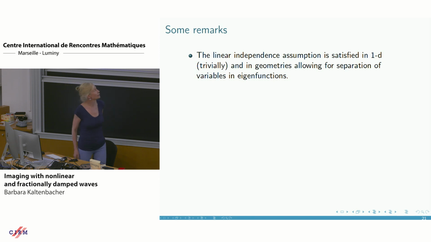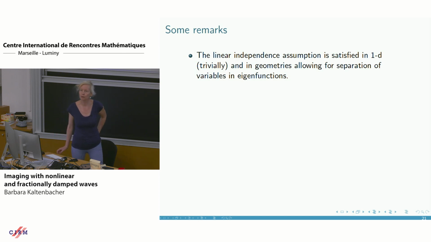And let me just give some remarks and maybe also a quick idea of the proof. So this linear independence assumption is clearly satisfied in 1D, because in 1D per eigenvalue we just have one eigenfunction. And this is non-zero and therefore linearly independent by definition.